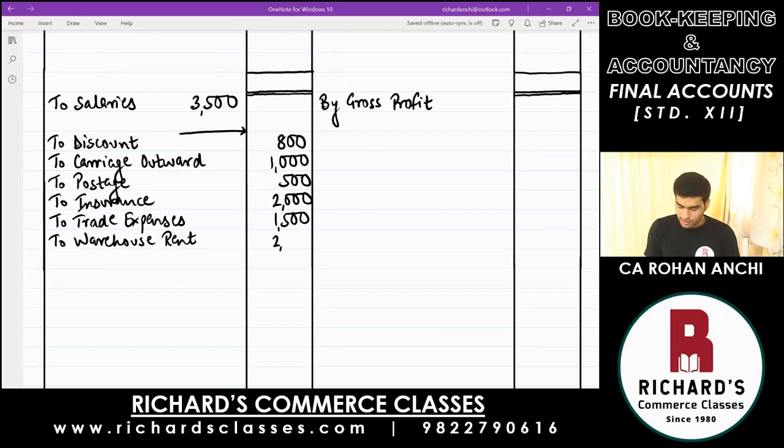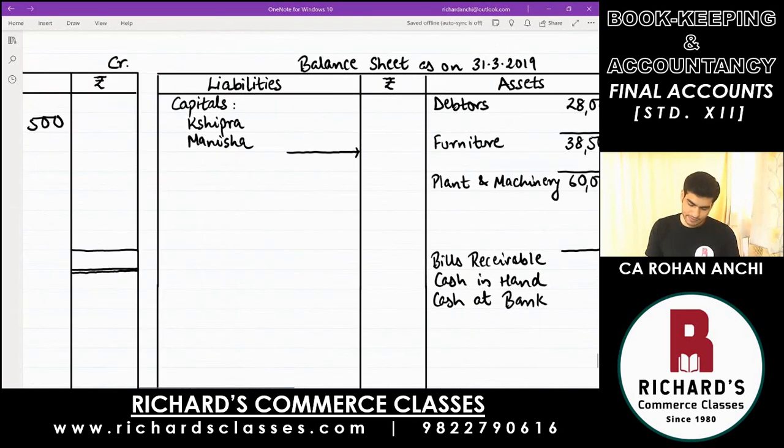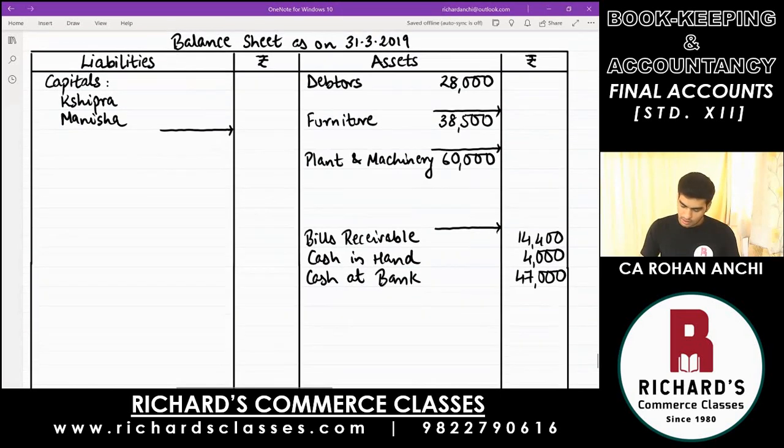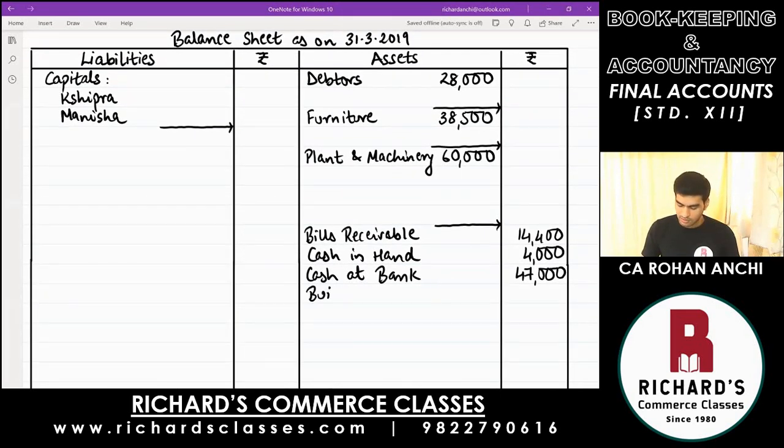That is 2,500. And advertisement. Amount is 1,000. Then the last item there, building, that is an asset. This also is a fixed asset, which will have depreciation. So write in the inner column, building 20,000.